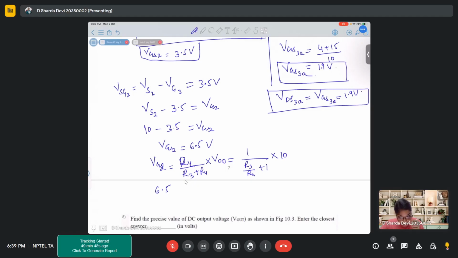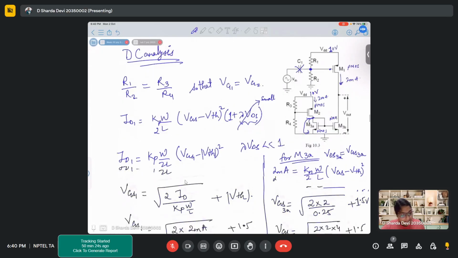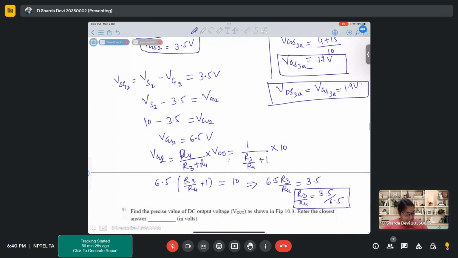So the ratio which was asked, R3 by R4, which is also equal to R1 by R2, is 3.5 by 6.5.